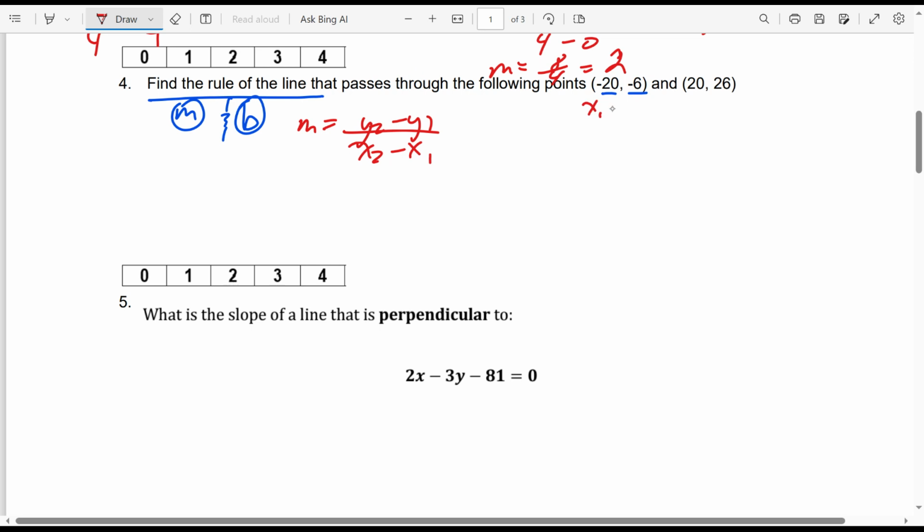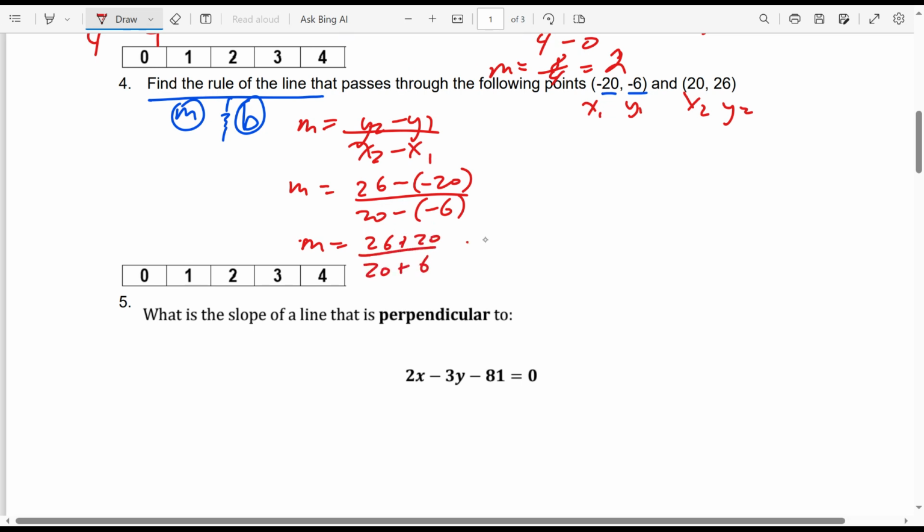So if I call that one x1, y1 and x2, y2, then I'm going to go 26 plus 20 over 20 plus 6.